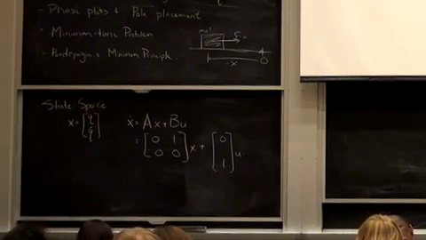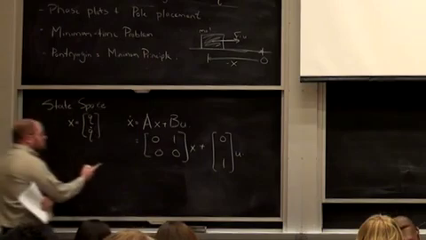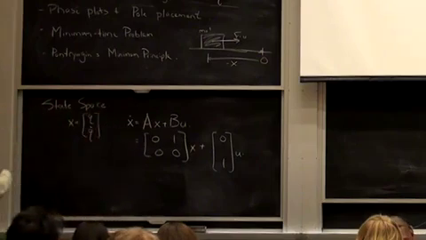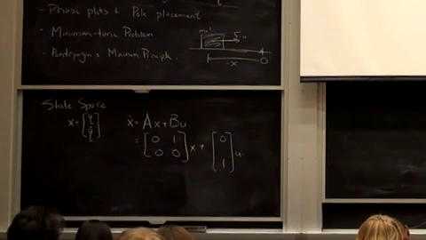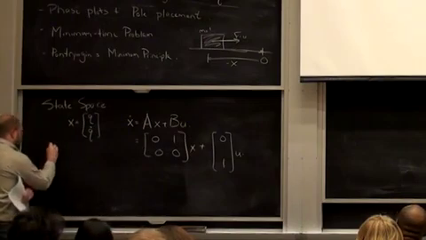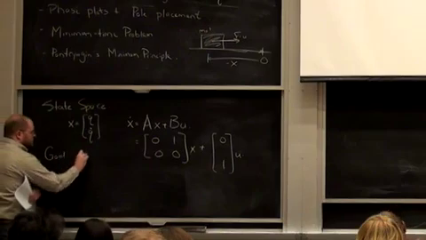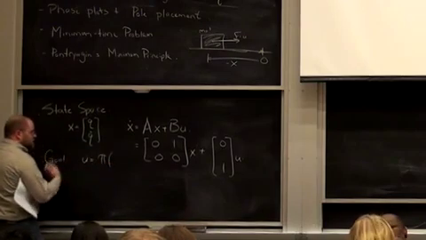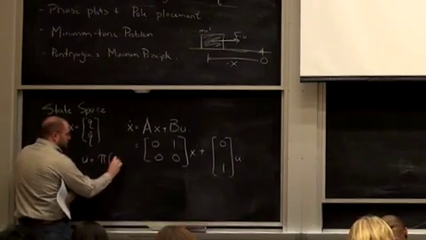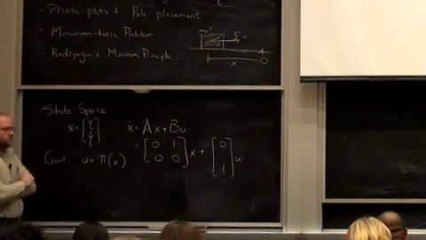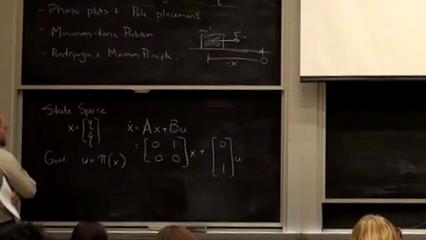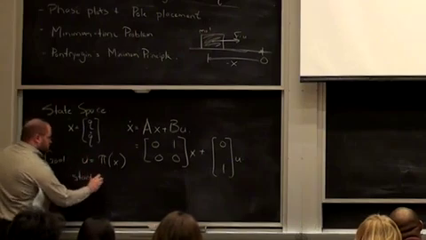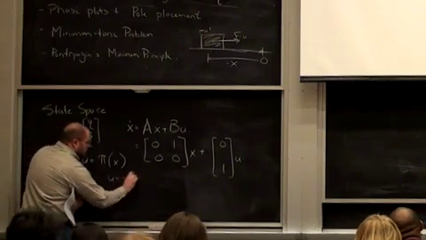Okay, our goal now is to design u, right? We want to come up with a control action u, which you can think of as being a force on the brick, let's say, which drives the system to 0. So in general, our goal is to design some feedback law. I use pi for my control policies, which is a function of x. Okay. Let's start by doing the linear thing. Let's start with considering u's of the form negative Kx, okay?